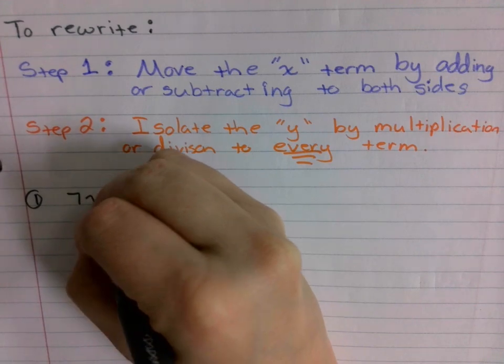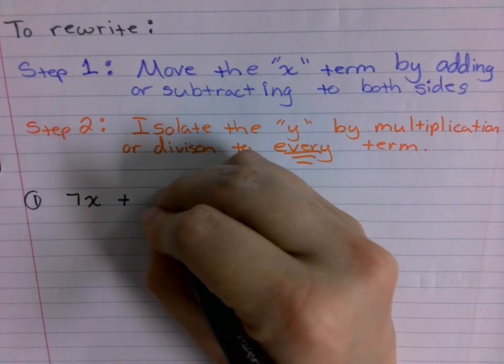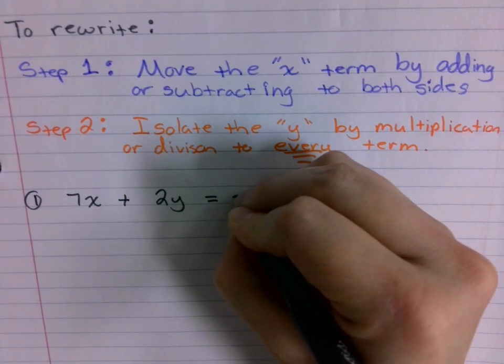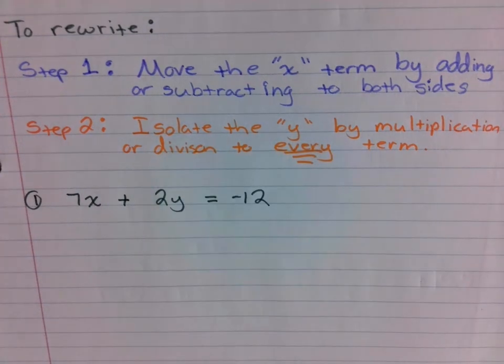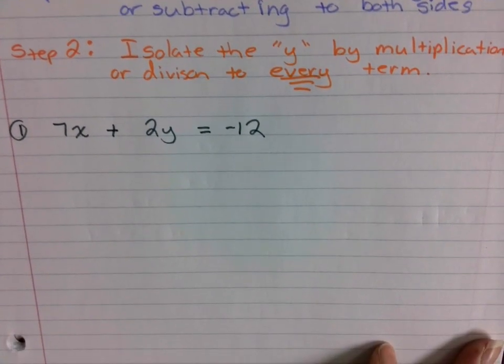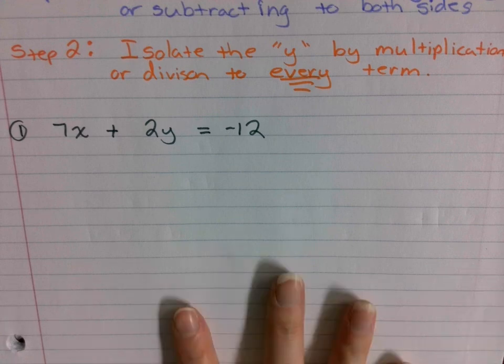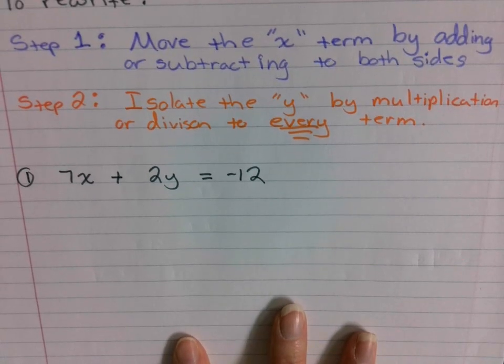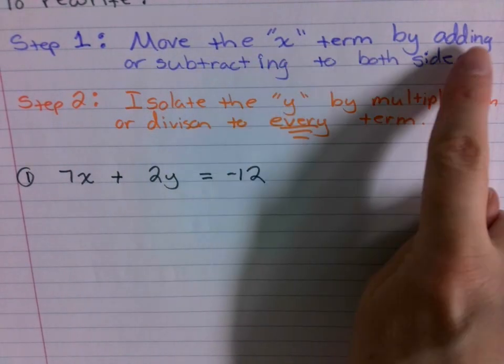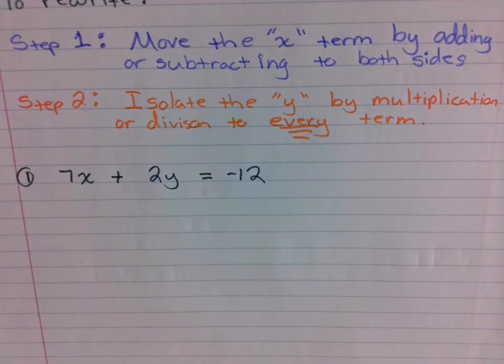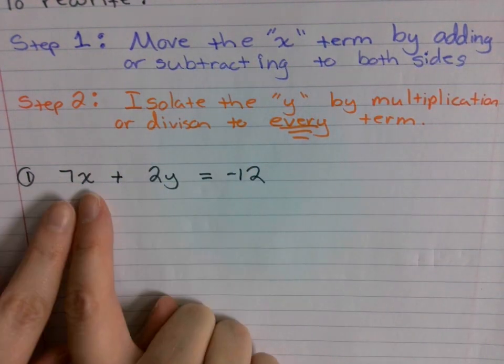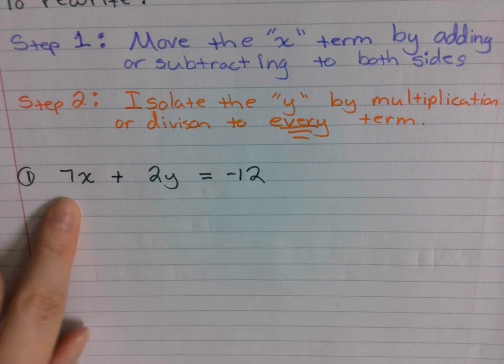Number one, we've got 7x plus 2y is equal to negative 12. Again, my step 1 says I'm going to move that x term by either adding or subtracting to get rid of it on one side and move it to the other. So my x term right now is 7x.